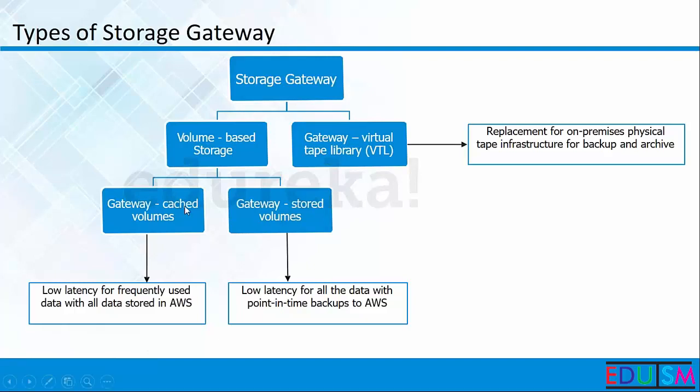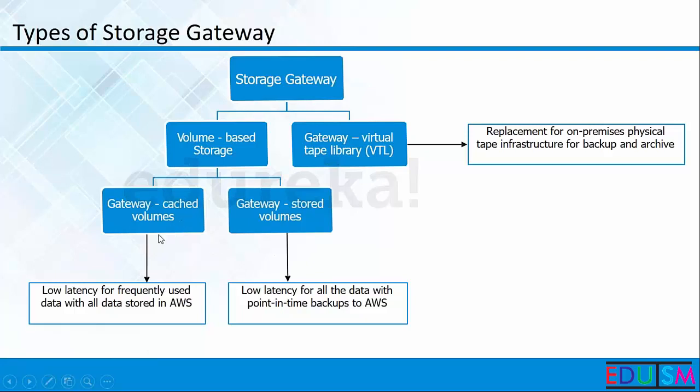As the name suggests, with cache, the frequently accessed data in the data center is kept on S3 using Storage Gateway, so that the latency for people accessing the frequently accessed data can be reduced. But what is a gateway stored volume? We upload the entire data as a backup onto the cloud.